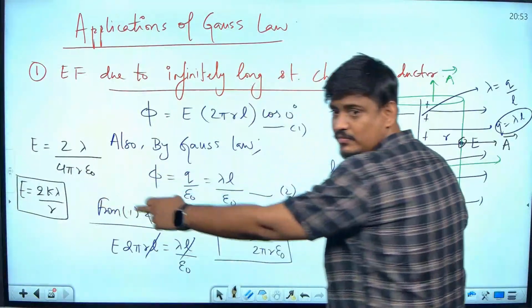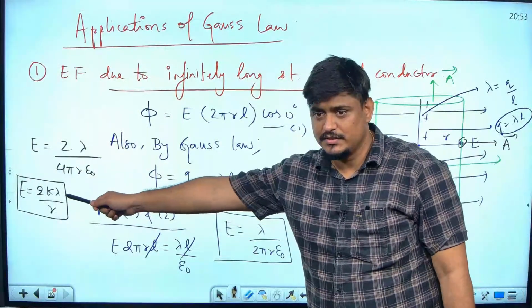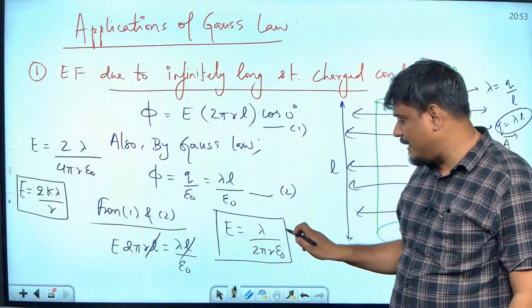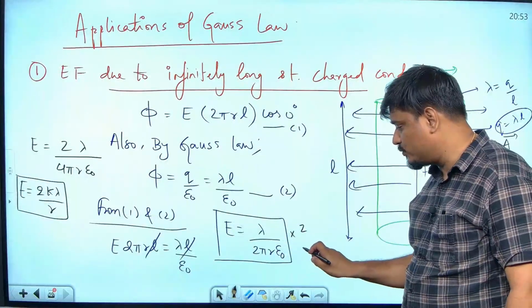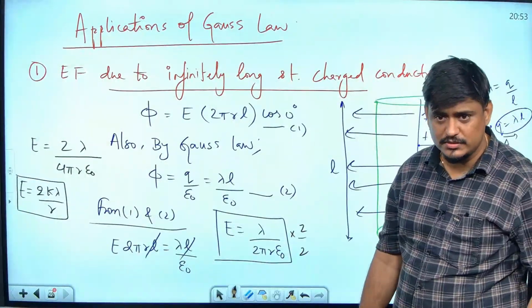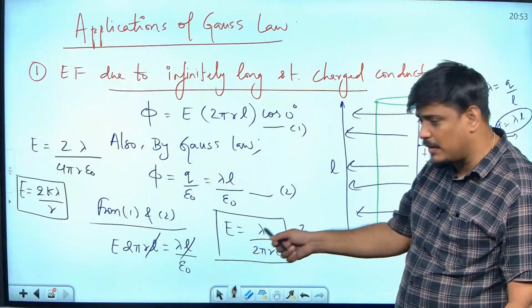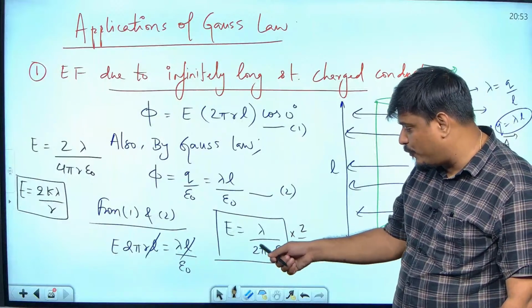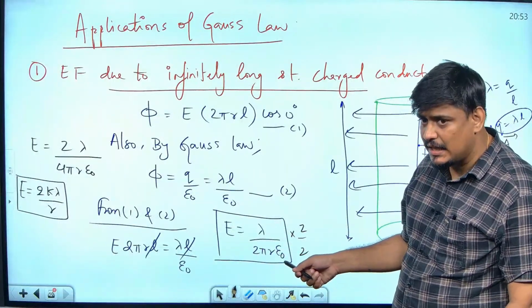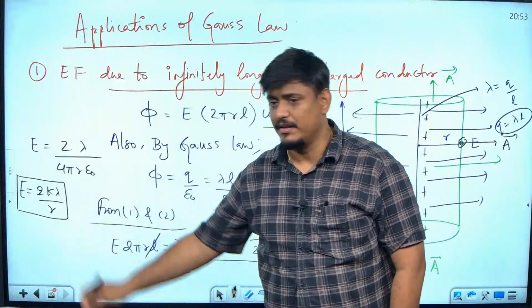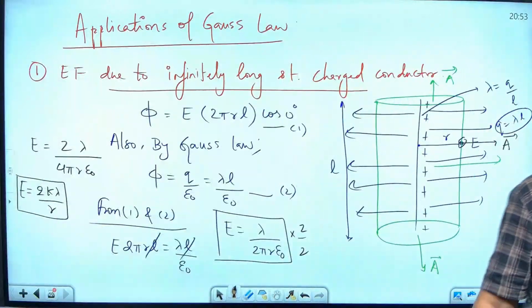This one? I multiplied by 2 and divided by 2. Allowed? So down it will become 4 pi r epsilon naught. Above will become 2 lambda. And 1 by 4 pi epsilon naught is k. So I wrote 2 k lambda by r. Got it, Niranjan?